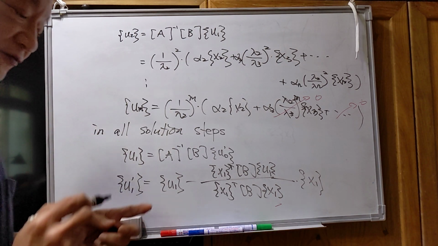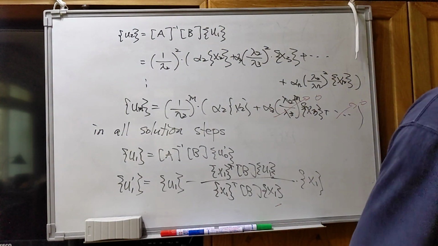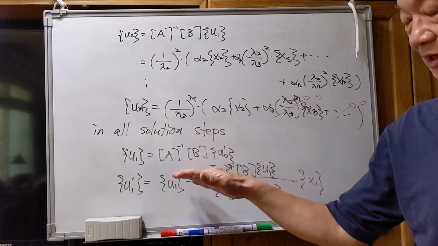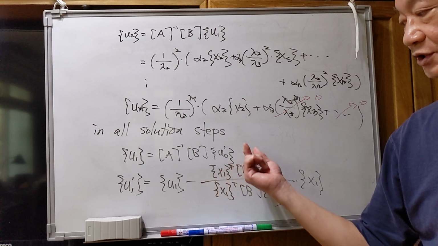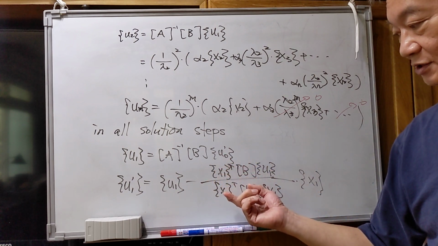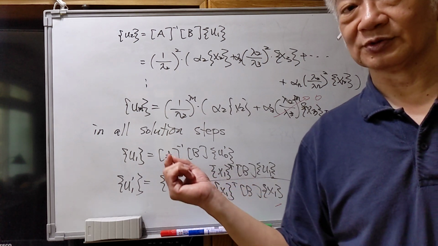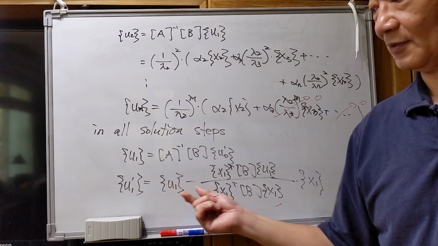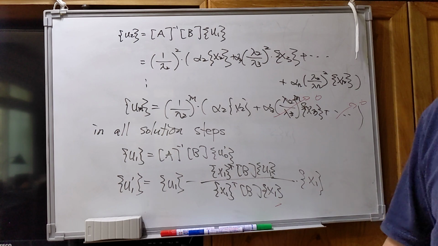Not only for the first time when we assume u0, but after the first iteration we got u1 and we need to do a similar step. We need to take out the component vector of x1 from u1 again. So we use u1 to calculate u1 prime.